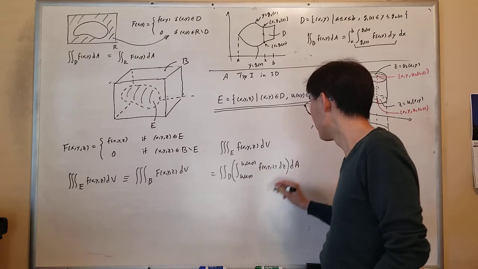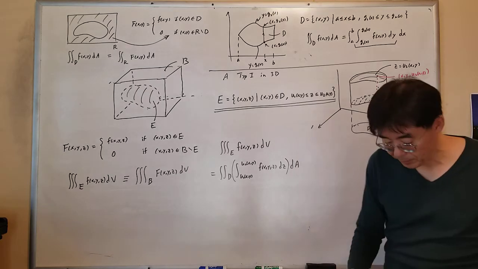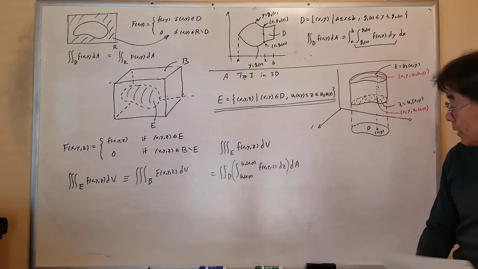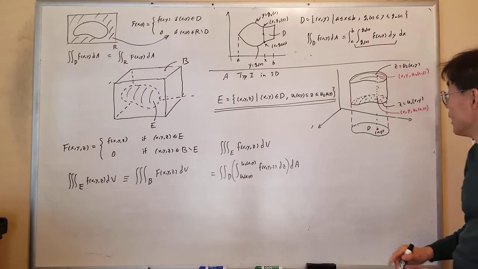So, for given (x, y), all right? So that would be the type 1 case.